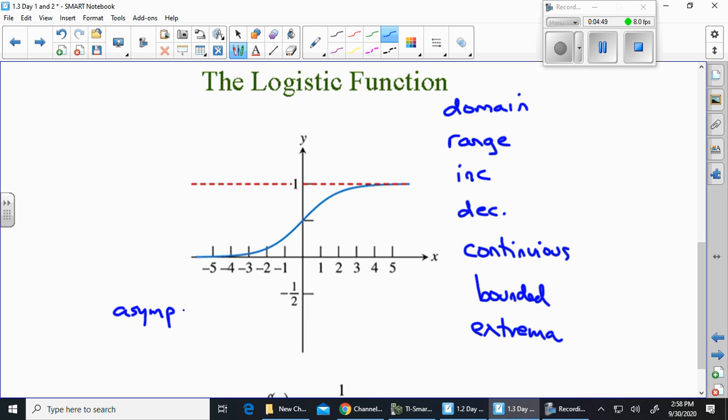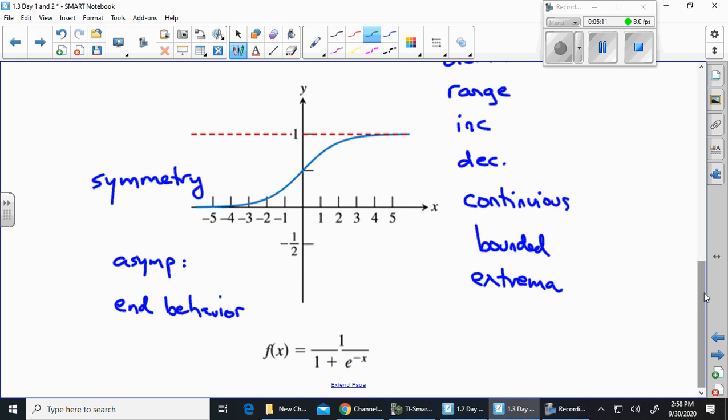Asymptotes, end behavior, symmetry. What ends up happening is you have to be able to know what these things look like. If I say, what's that domain? You can look at the function down here and say, could I ever get 0 in the denominator? You can't, because you're always adding 1, and e to a power is never going to be -1.